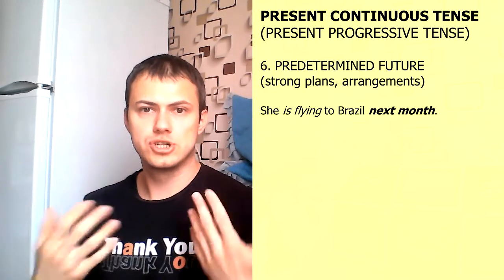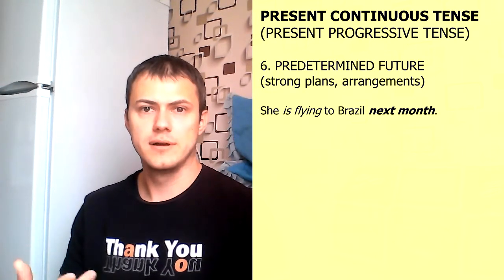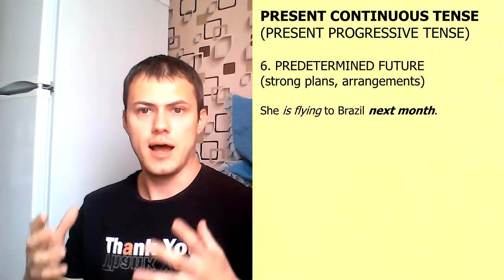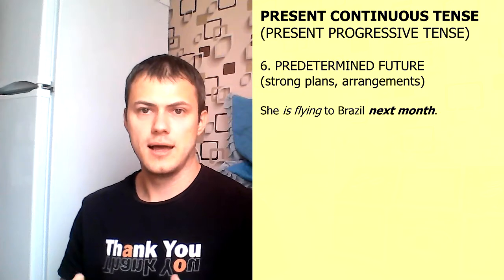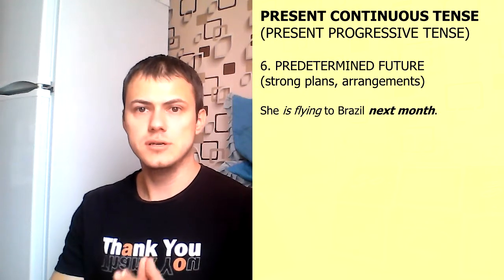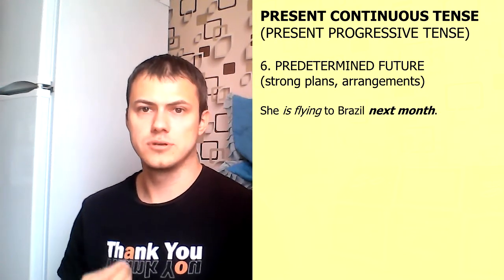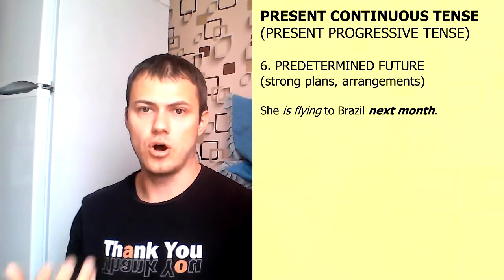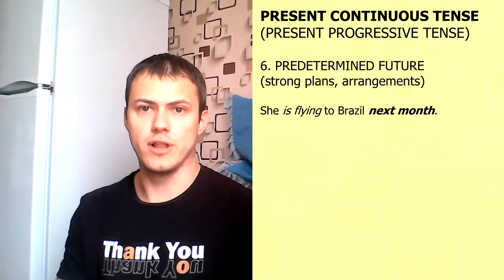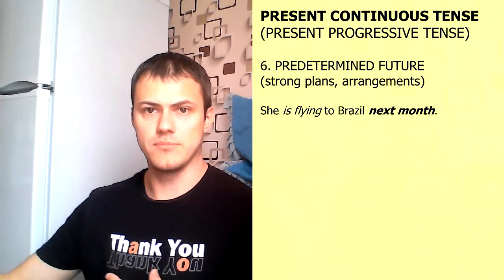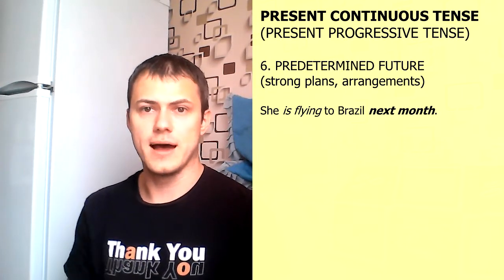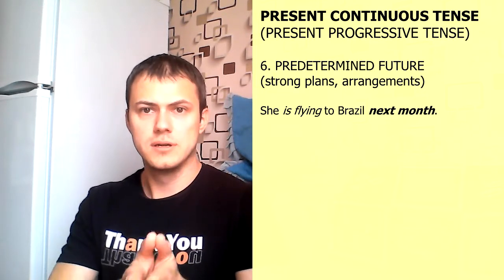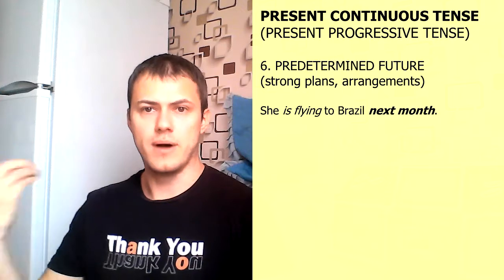And she probably has a ticket. She probably has a plan about it, and she is sure about this situation. So we can talk about her flight to Brazil next month using the present continuous tense. She is flying to Brazil next month.